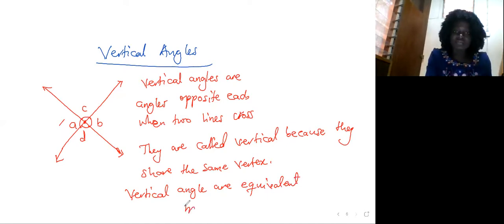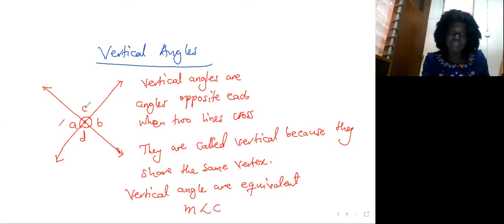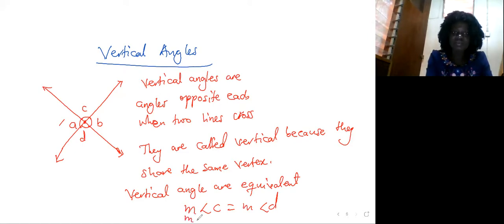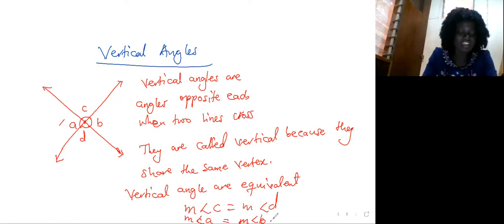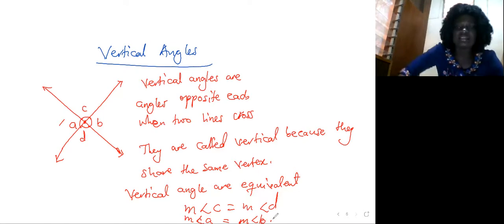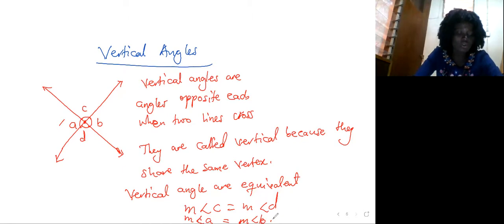So we have angle C, this side, is equal to angle D, excellent, as well as angle A, also equal to angle B, as I said earlier on. All right, so these are also called vertical angles. They are angles opposite each other when two lines cross.